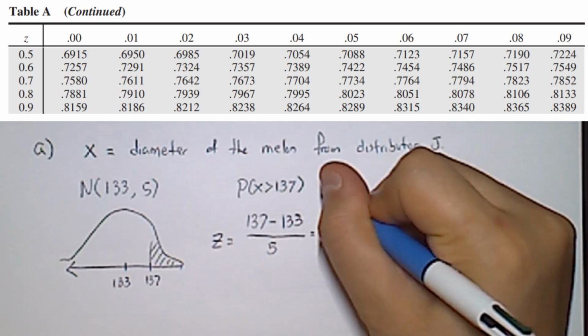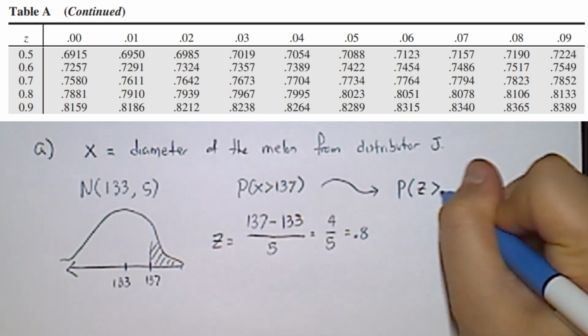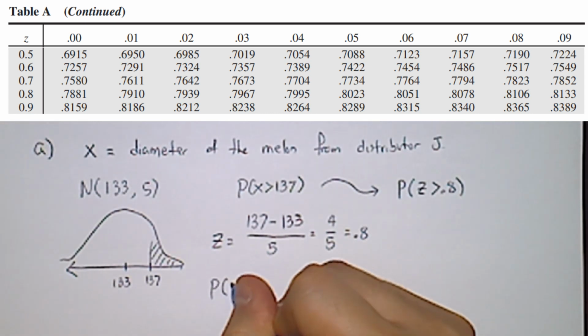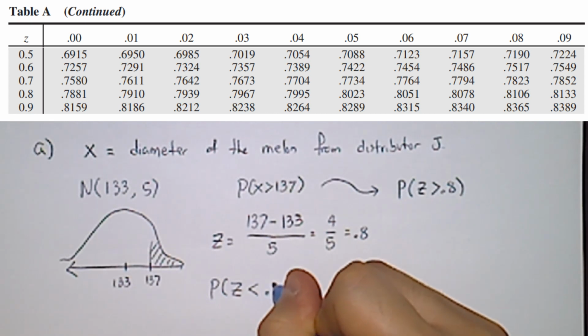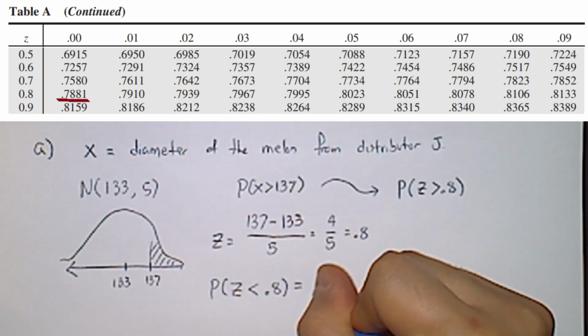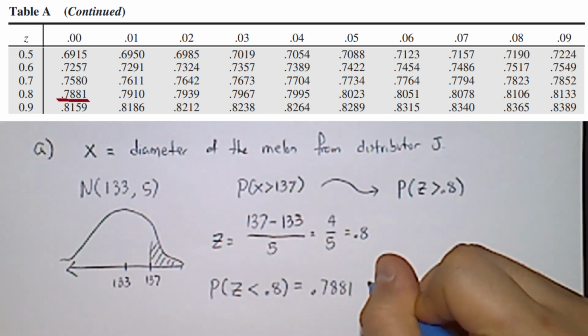So now we know that we're looking for z greater than 0.8 in terms of probability. Now looking at the normal distribution table, we could figure out the probability that z is less than 0.8 will come out to be 0.7881.